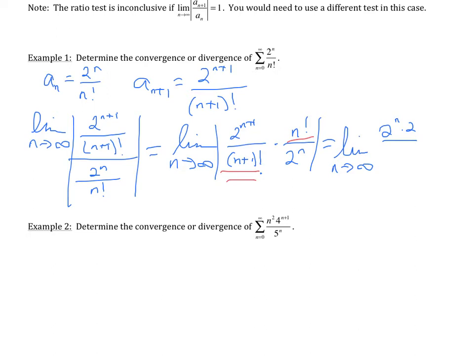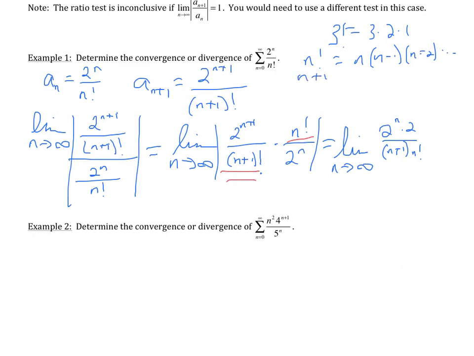I'm going to write n plus 1 factorial as n plus 1 times n factorial, because you know how factorial works. 3 factorial equals 3 times 2 times 1. So n factorial would be n times n minus 1 times n minus 2, and so on.